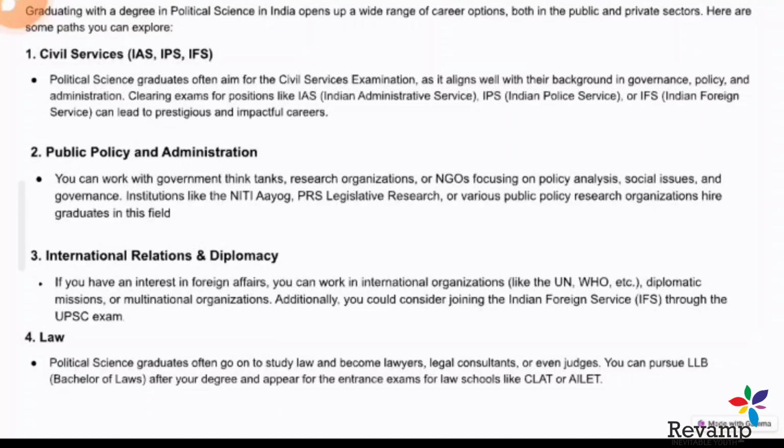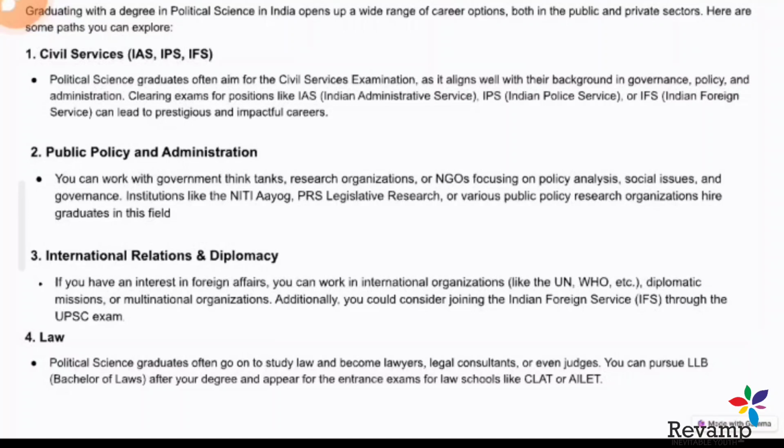The second is public policy and administration. Not only in government services, but a lot of government organizations also offer jobs to political science graduates. They need someone who has expertise in political science, in legislation, research, or public policy formation. The third is international relations and diplomacy, IR being a branch of political science.